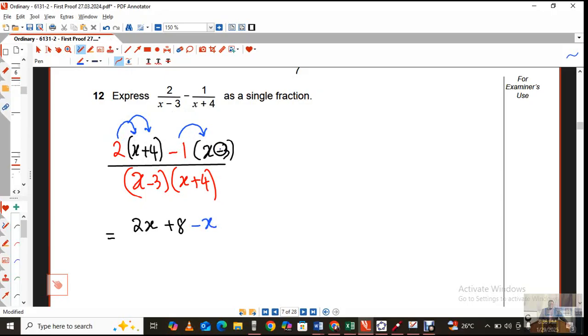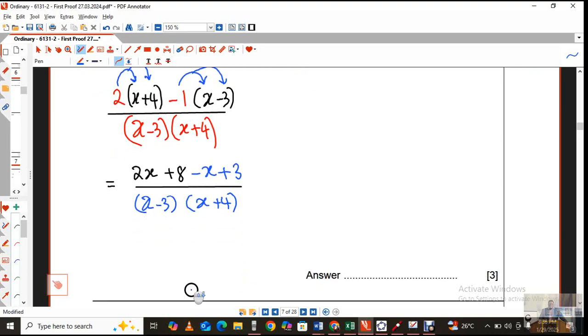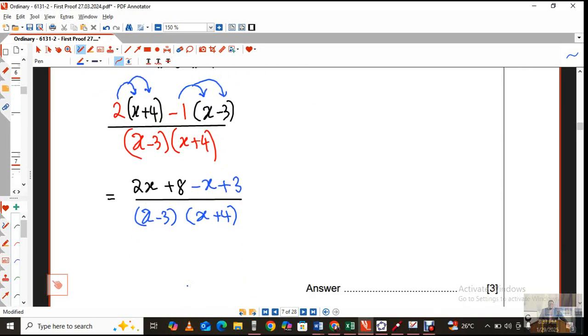And a negative times a negative, very careful here, that gives you a positive number, positive 3. All of this, you do not, and I repeat, you do not have to expand the denominator. You can just leave it as x minus 3, x plus 4. There's no need for you to go ahead and try to simplify that further.